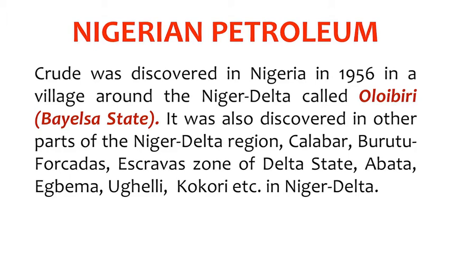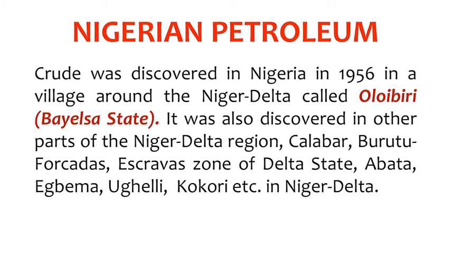Petroleum is one of the most important commodities. It was discovered in Nigeria in 1956 in a village in Bayelsa called Oloibiri. This village is found in Bayelsa State, and later petroleum was also discovered in other areas of the Niger Delta, like Akwa Ibom State, Bayelsa, Rivers.